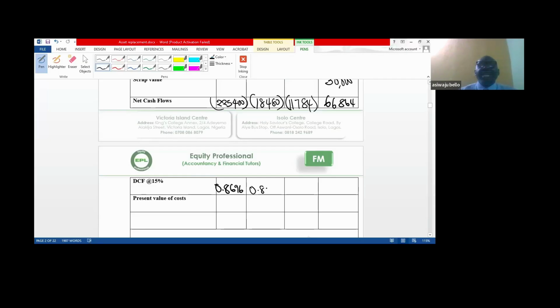This is year 1, 0.8696. This is year 0. This will give me 0.7561 for year 2. Year 3, 0.6576. Get the present value of cost.